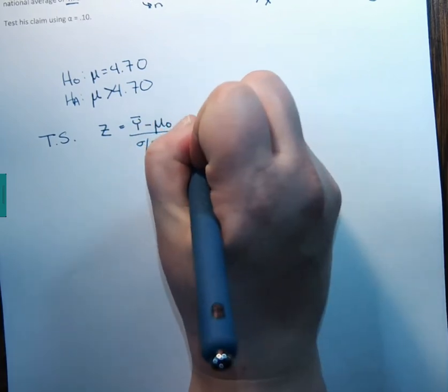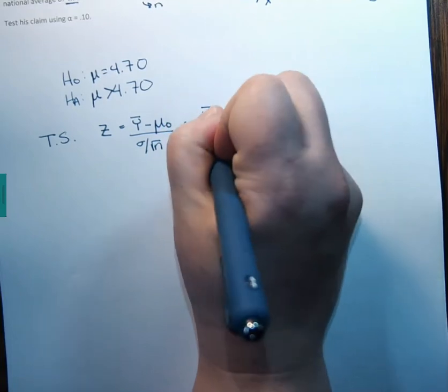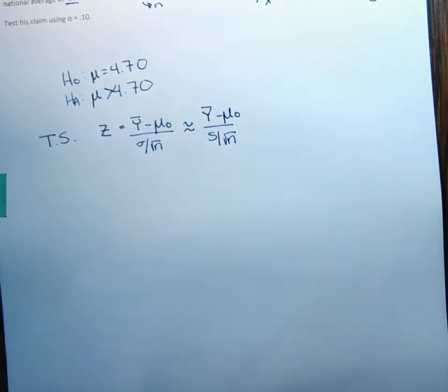So we are going to approximate this by y bar minus mu naught divided by s divided by the square root of n. Now, in your intro stat course, you learned that if you make that approximation using S, we could also use a t-test statistic, which might be a better choice. But since our sample size is large here, there's going to be very little difference between the t and the z, so we're going to proceed for now using the z distribution.